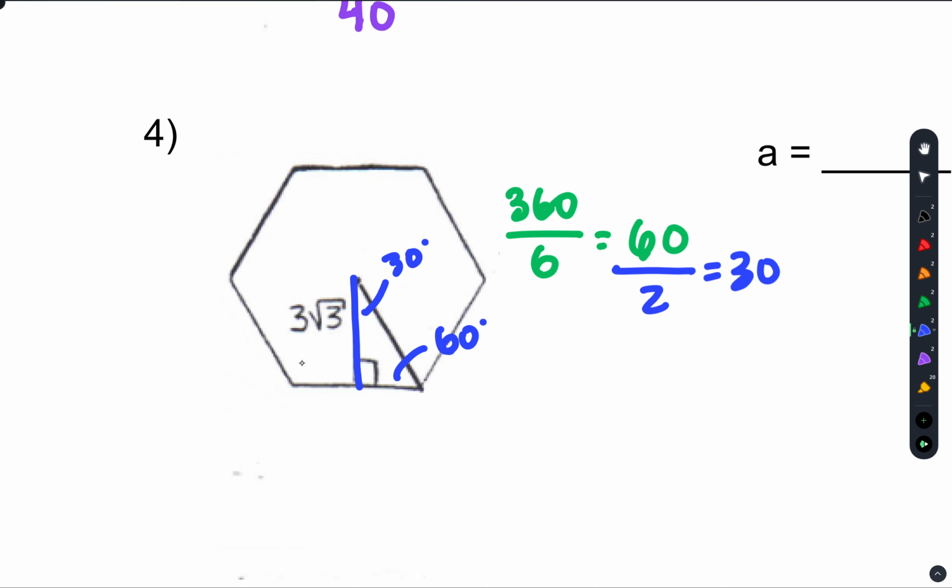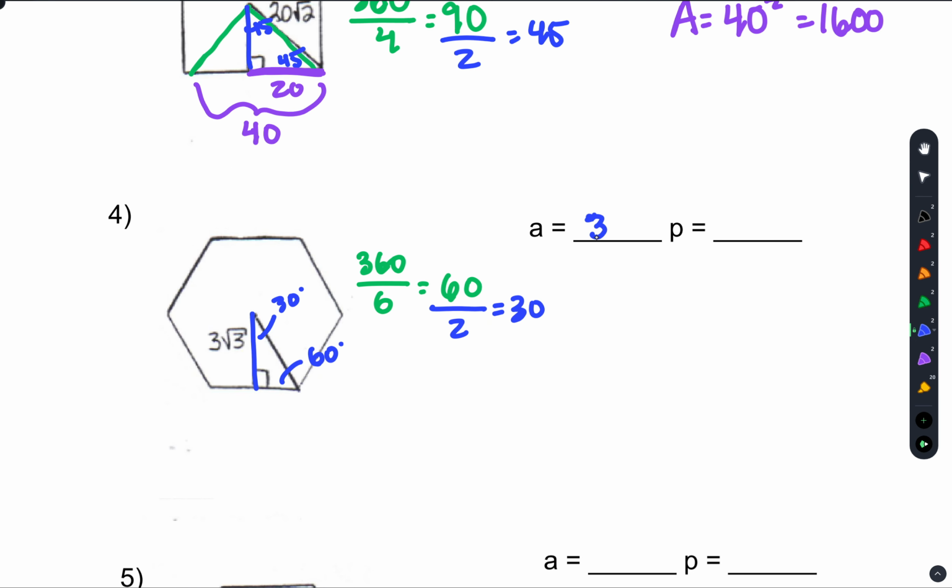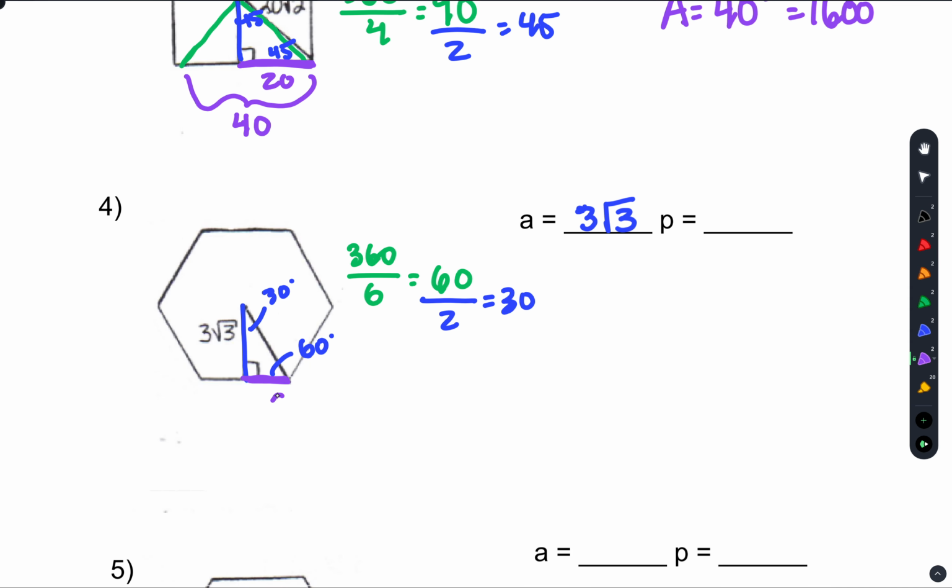The short leg is going to be this base that I'm trying to find. Let's write in the apothem. The apothem is 3 radical 3, and we're trying to find this short leg. So to go from the long leg to the short leg, I'm going to divide by radical 3 to get that this is 3. One full base is 6, and the perimeter is 6 times 6, or 36.